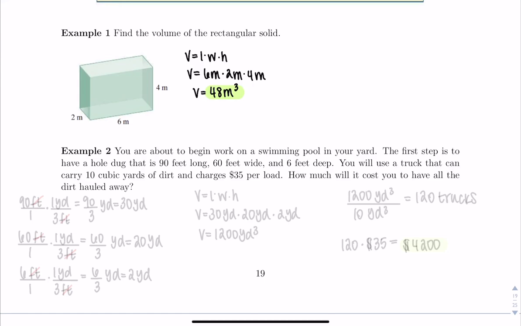So my truck is in cubic yards, but we were talking about feet. So the first thing we want to do is convert feet to yards. So 90 feet times 1 yard over 3 feet, and so our feet cancel.